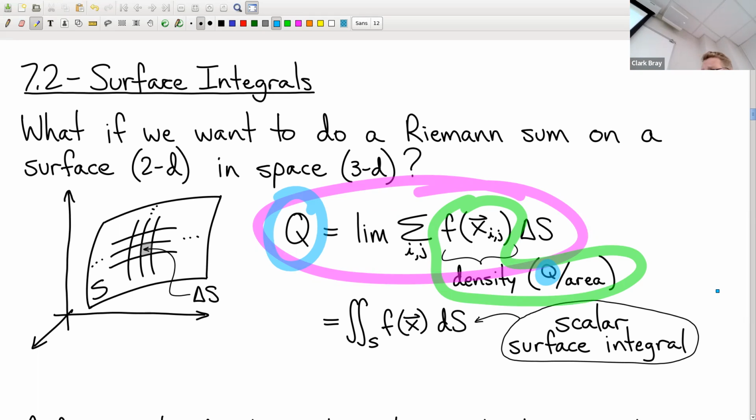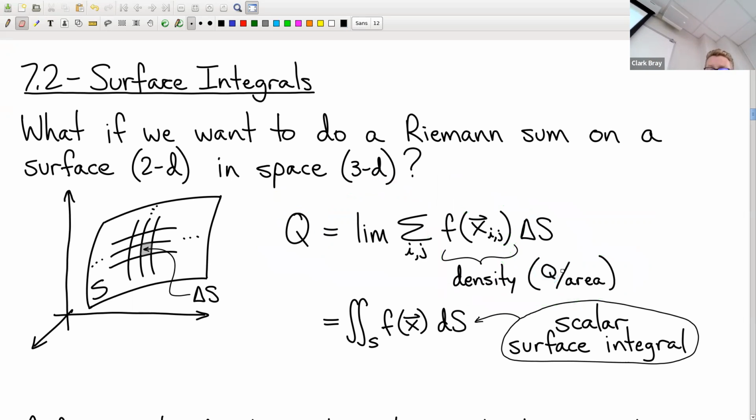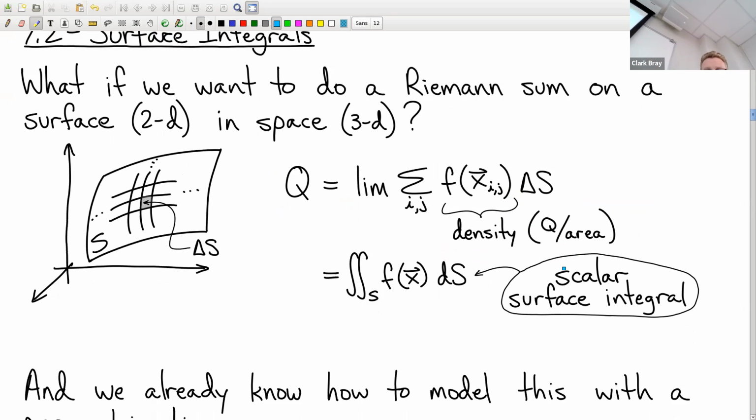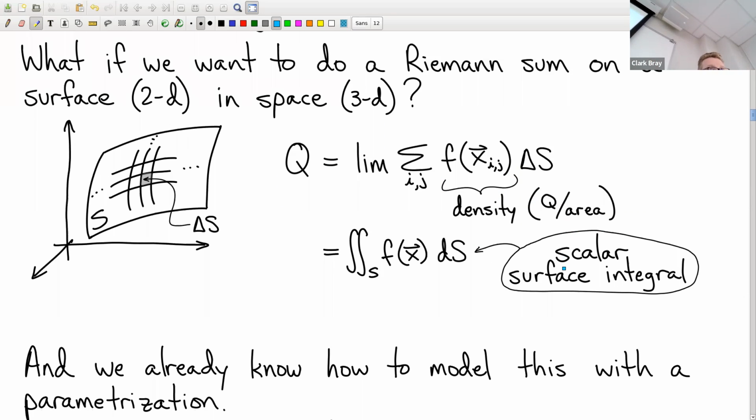If you've got ants crawling over your surface and you're going to compute the total population of ants, well, then it's going to be ants per unit area times area. So again, there's a population density in that case. Ultimately, though, chop it up, add it up. I don't want to get distracted by the formalities of it all, but this is what we need to take away from it.